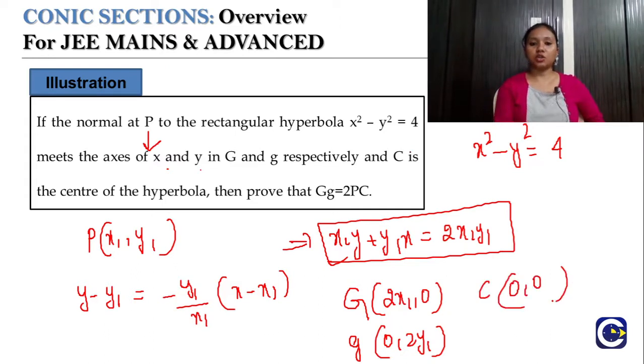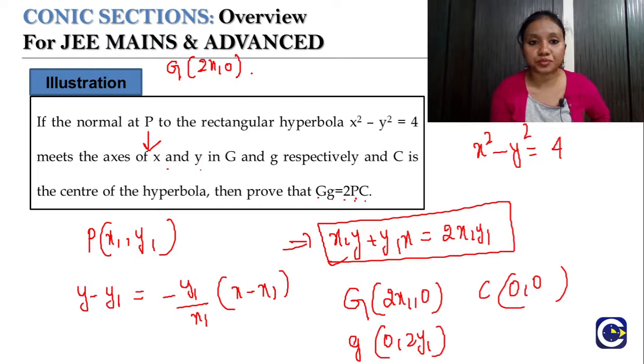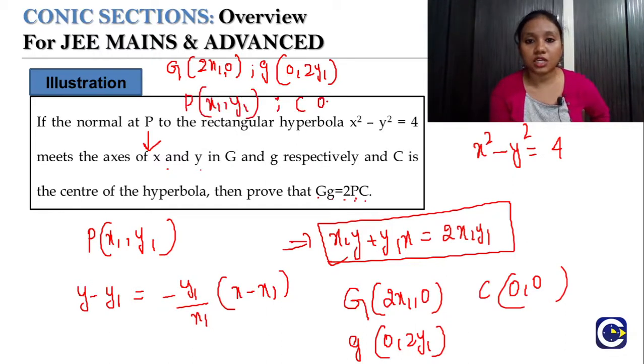So now what I have to prove? My capital G to small g distance is equal to 2 times of my P to C distance. So here you already have the coordinates of capital G, 2x1 comma 0. You already have the coordinates of small g with coordinates 0 comma 2y1, and then coordinates of P we have already considered x1 comma y1, and then coordinates of C which are 0, 0.